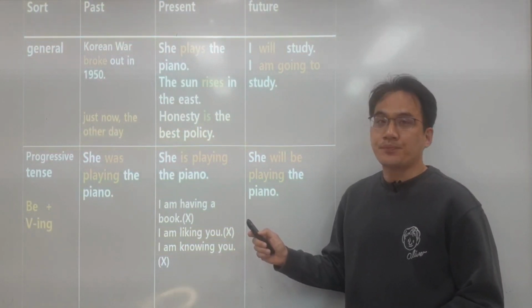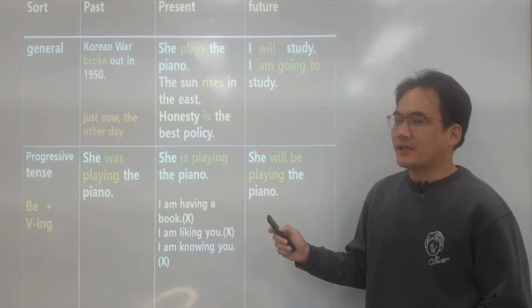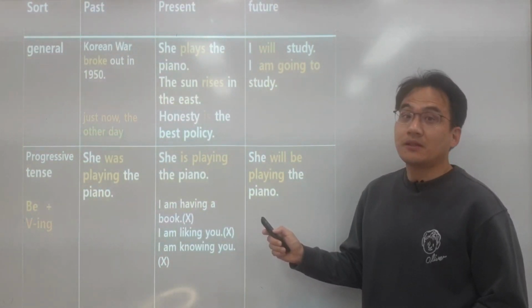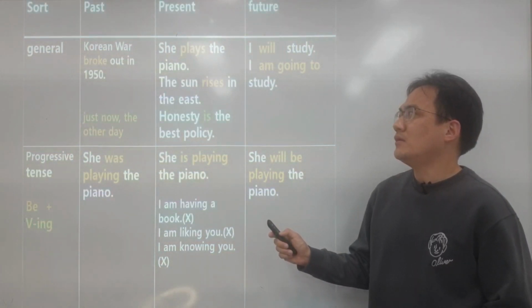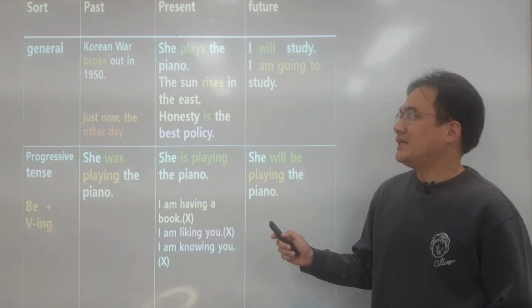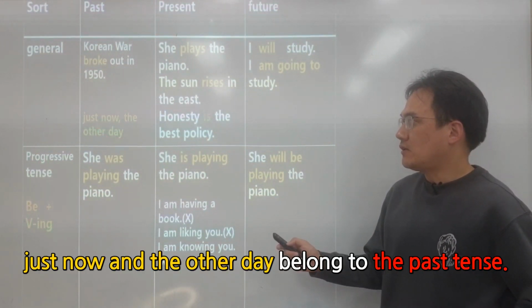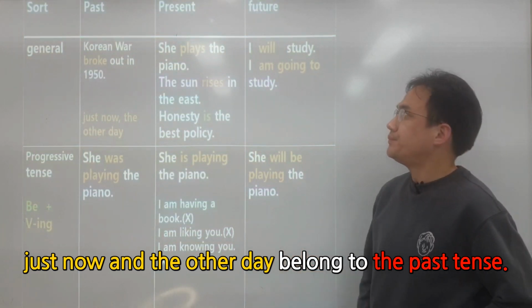The original form of broke out is break out, right? But Korean War is a historical fact, so we have to use past tense. So the Korean War broke out in 1950. For reference, just now and the other day belong to past tense.